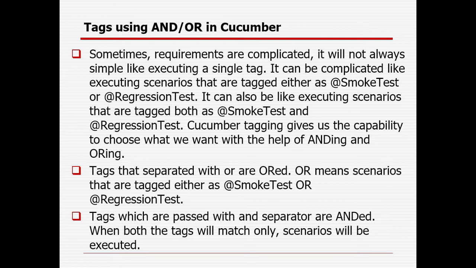So you can give an and operation. Tags that are separated with the or keyword are or tags. Or means scenarios tagged either as smoke test or regression test will run. And for the and, tags which are passed with the separator and are and tags. Only when both tags match will the scenario be executed.